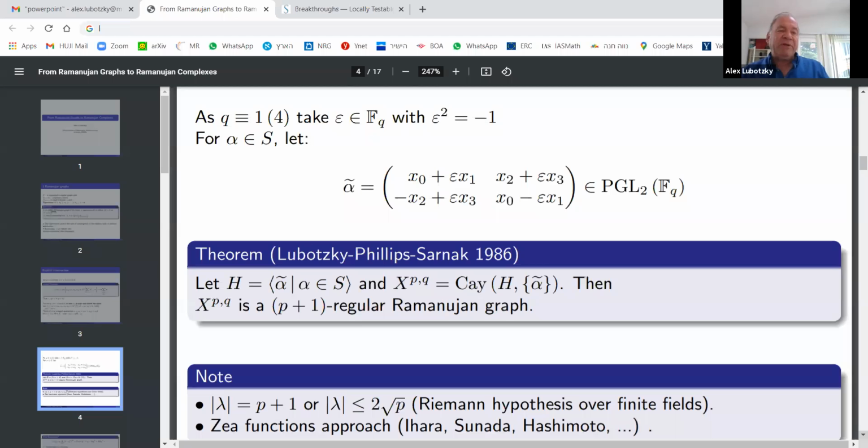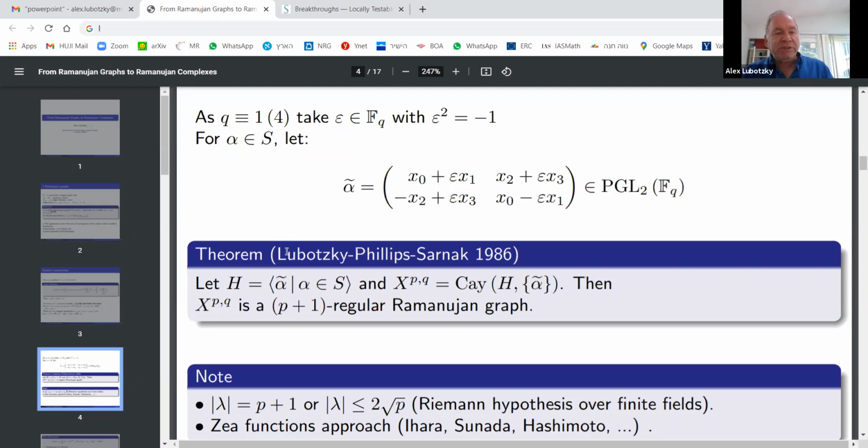Let me just recall what we mean by a Cayley graph. The elements of the group are the vertices of the graph, and we connect two vertices if one is obtained from the other by multiplication by one of the P+1 generators.